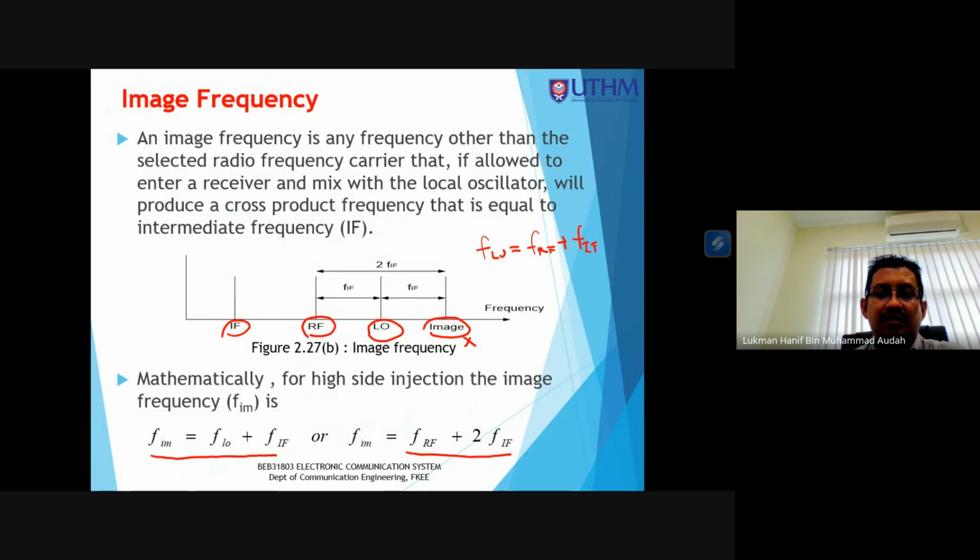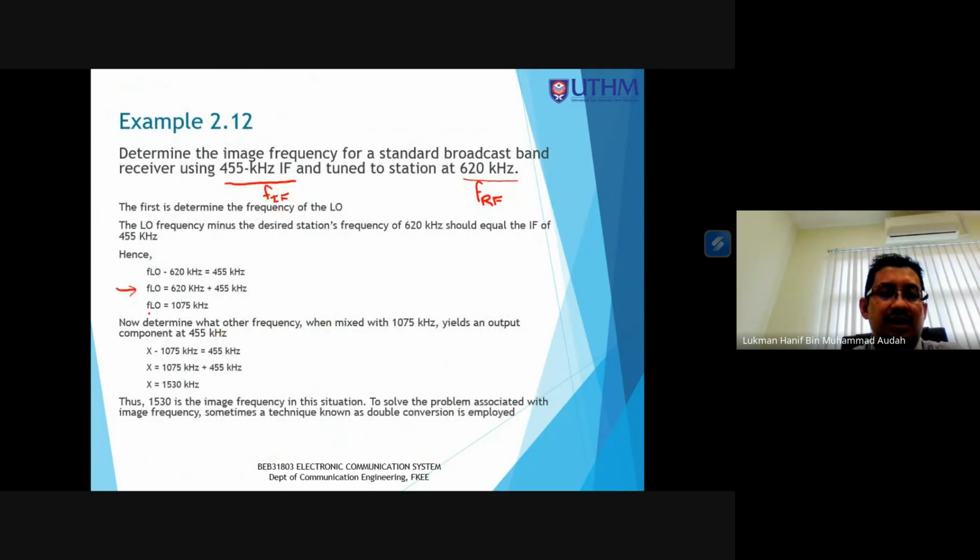So that's why you get the FLO equal to 1075 kilohertz. So once you know the FLO, then you can find the image. The image is located at FLO plus FIF, so 1075 plus FIF, so you get 1530 kilohertz.